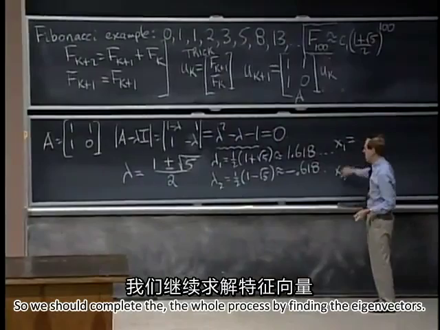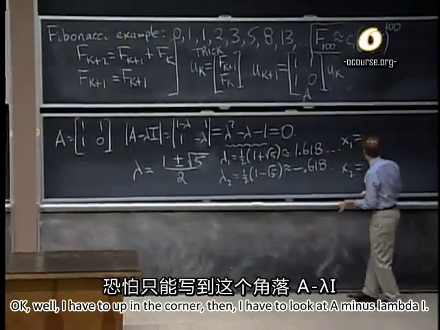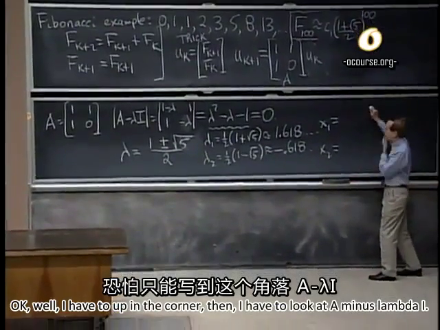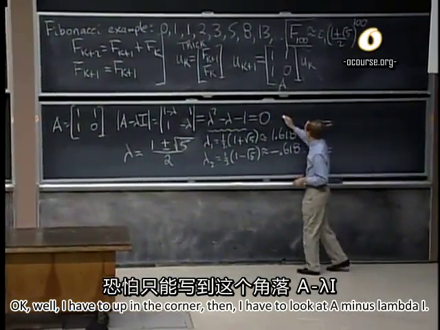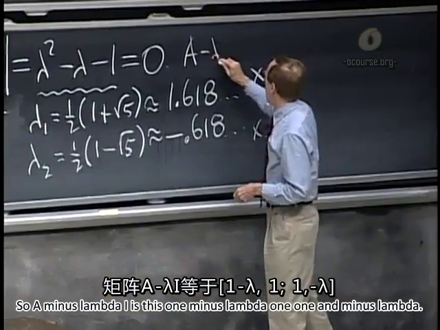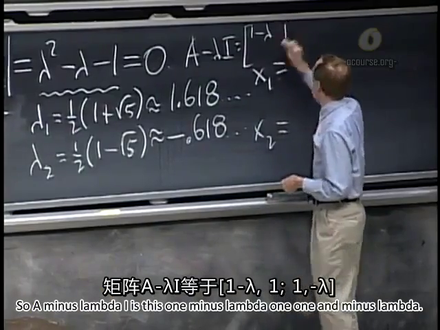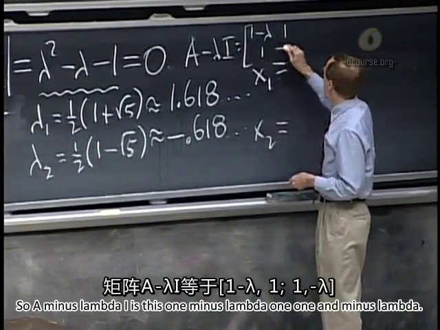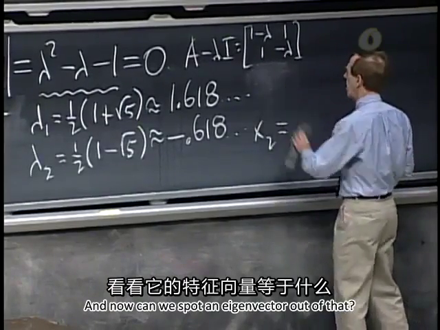So we should complete the whole process by finding the eigenvectors. Okay, up in the corner, I have to look at A minus lambda I. So A minus lambda I is this: 1 minus lambda, 1, 1, and minus lambda. And now, can we spot an eigenvector out of that?